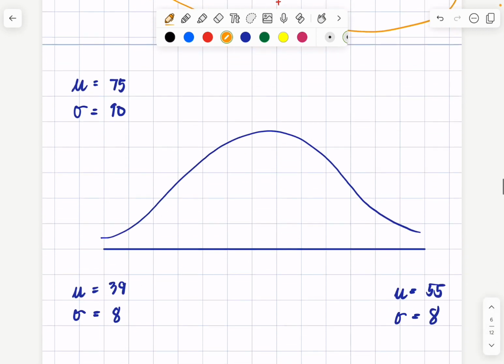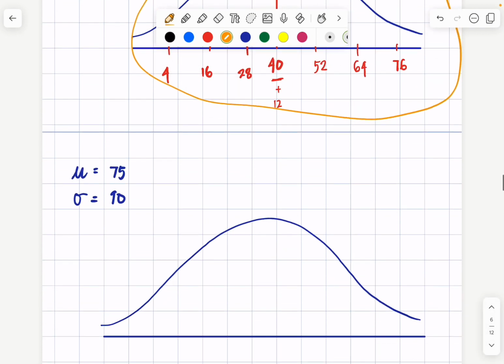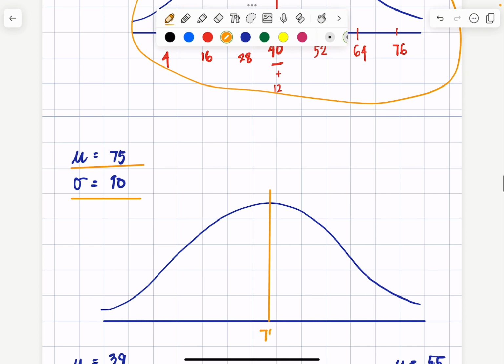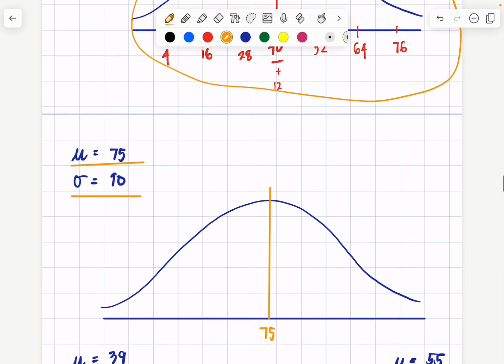Next. Okay, how about ma'am if it's like this? Si mean kay 75 and standard deviation is 10. The same ra gihapon ang process. In the middle, of course, will be your mean. Pila ang mean, di ba? That is 75. And since naa kay standard deviation nga 10, that means ang gap sa imong data is 10.